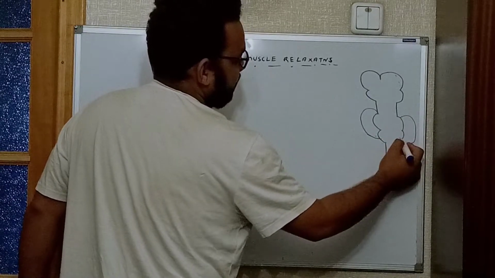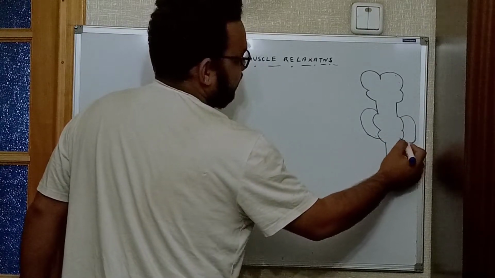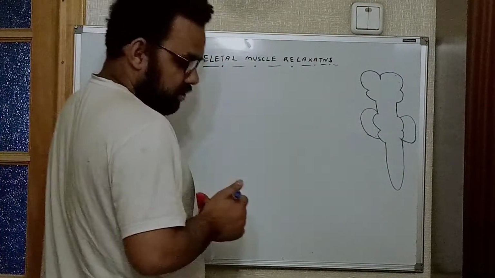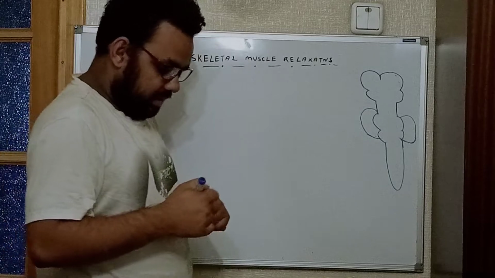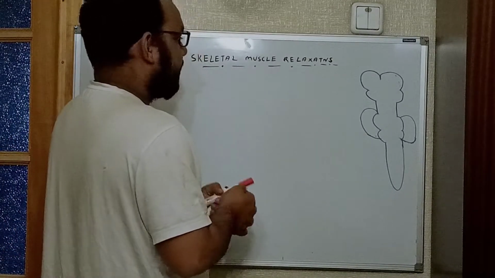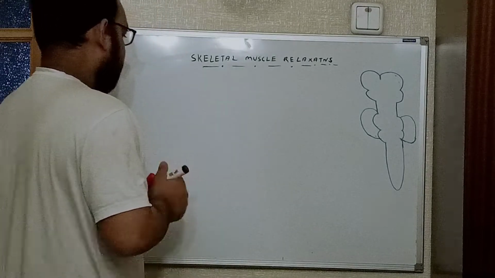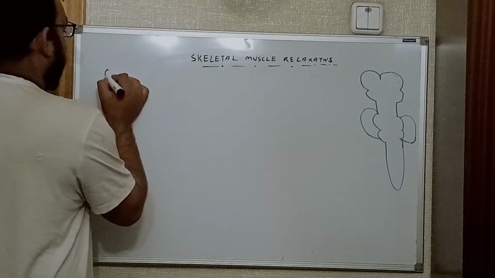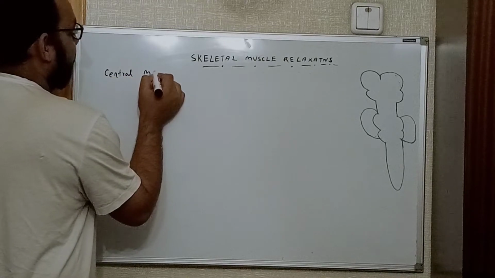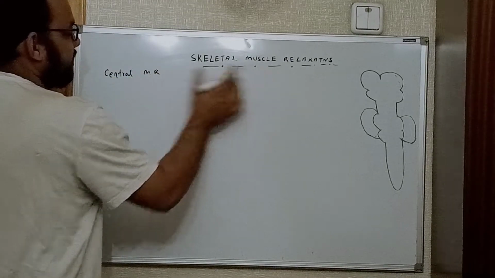We can use some types of drugs that will directly act on the central nervous system. In terms of classification, we have the central muscle relaxants and the peripheral ones. I'm writing muscular relaxants, which means skeletal muscle relaxants.